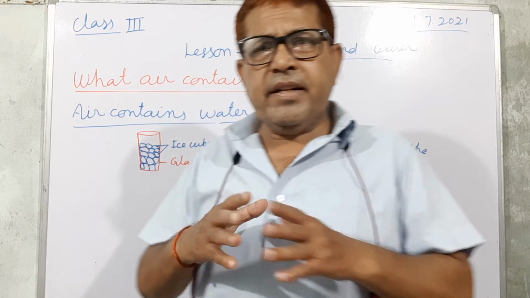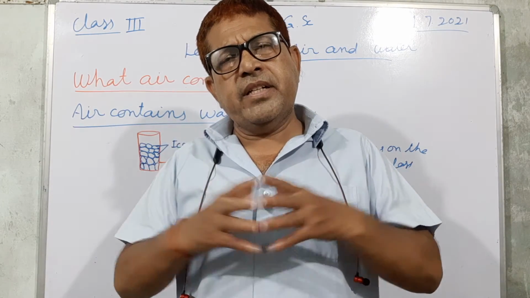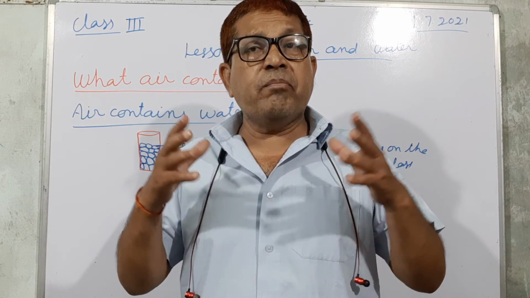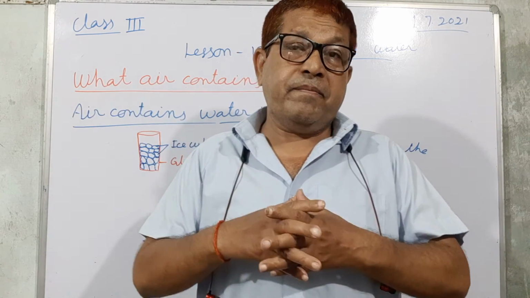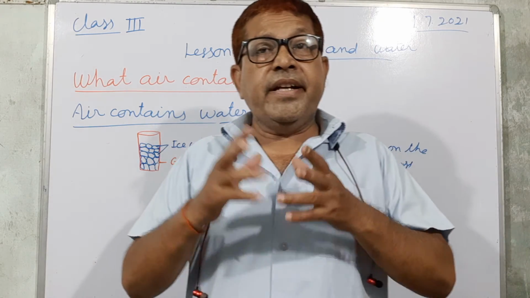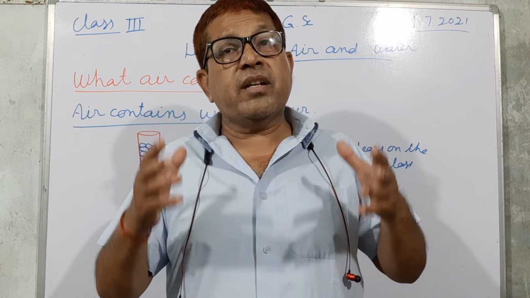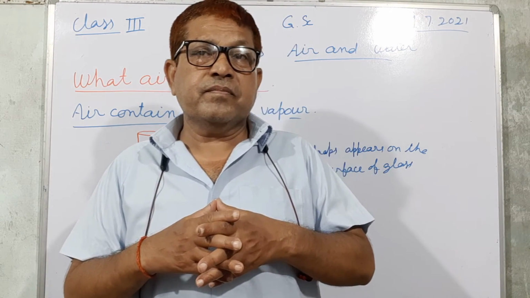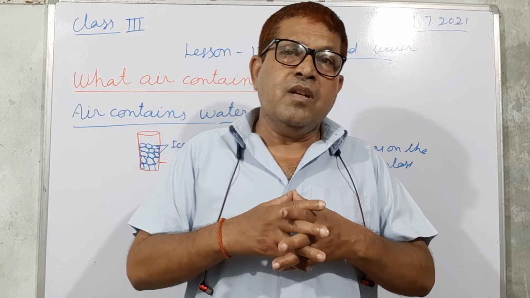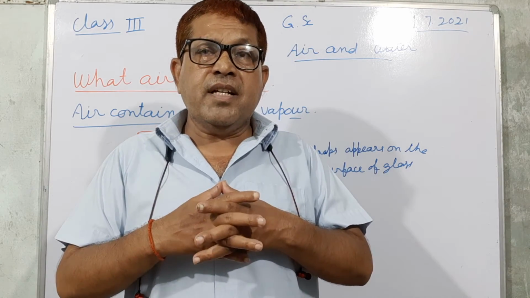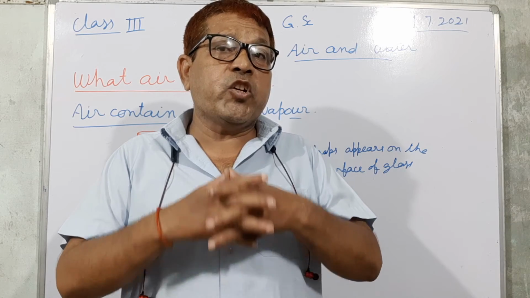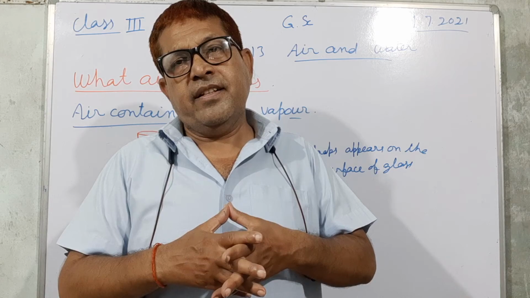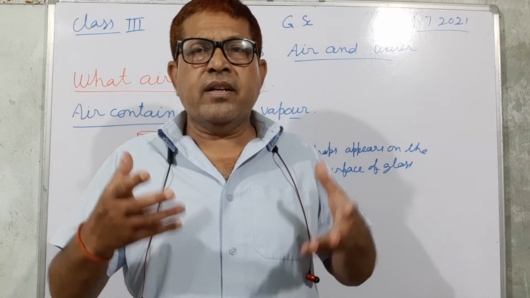So water is present in the form of water vapors in the atmosphere. We cannot observe these water vapors in the atmosphere, but when this water comes in contact with a cold object, it condenses in the form of water drops.